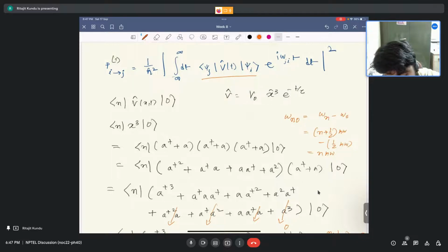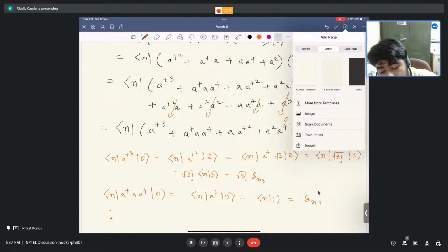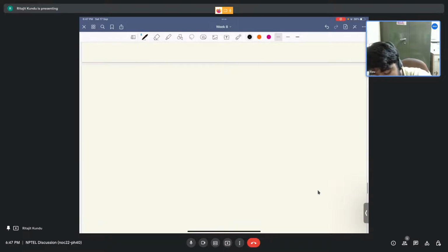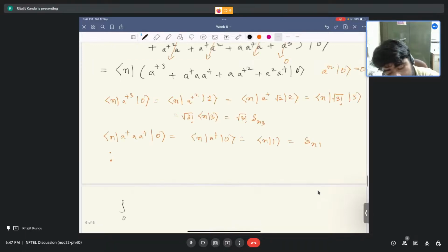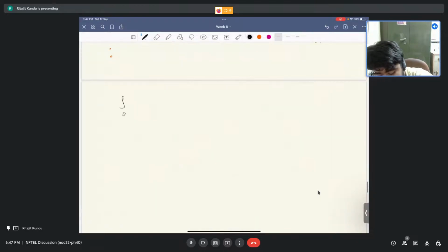So now the time integration part. So let us just look into it. So the time integration part is, let us do it like 0 to infinity, and e to the power minus t by tau and e to the power minus i n omega t dt.